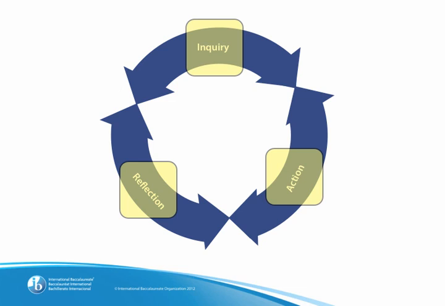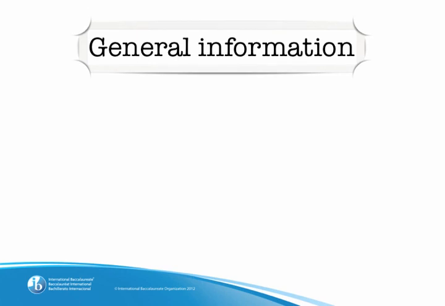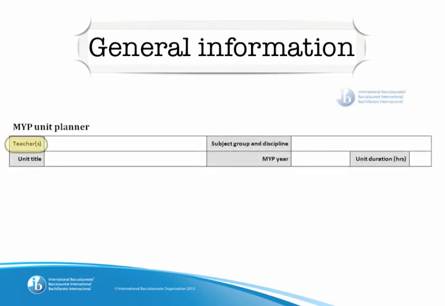The names of the teachers who are working on the unit should be entered in the first box. In this second box, the subject group and the specific discipline within the subject group, if required, should appear. For example, design, fashion design.